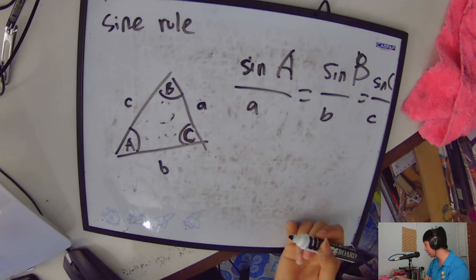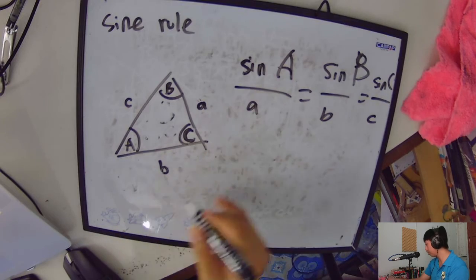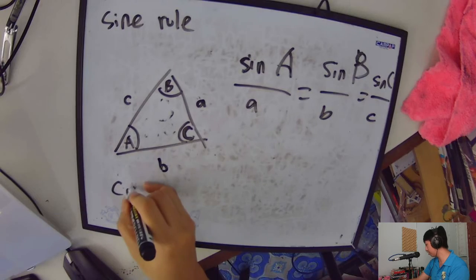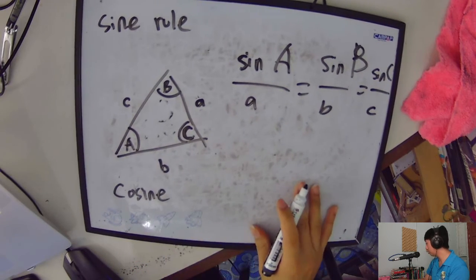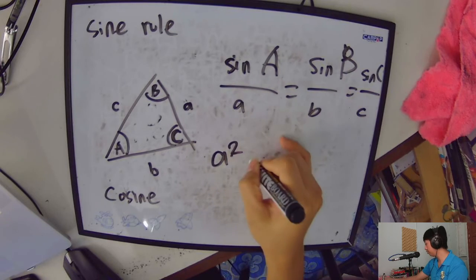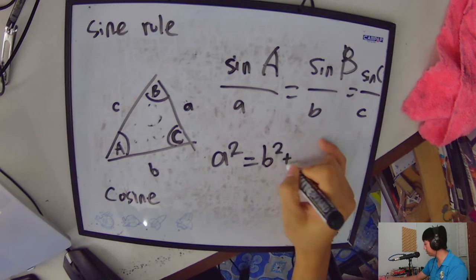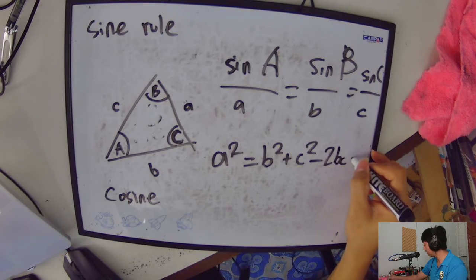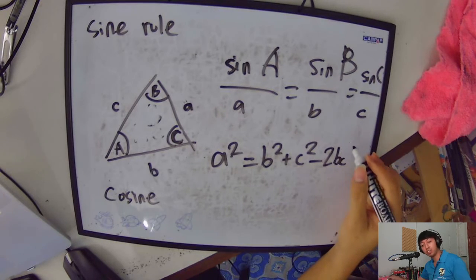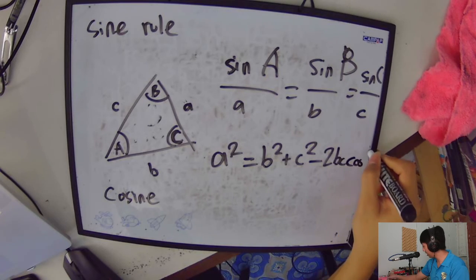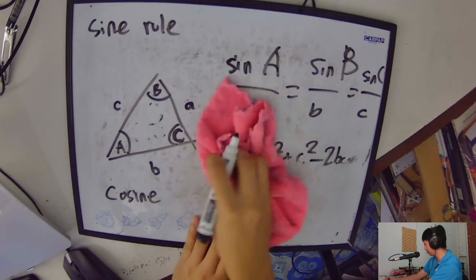Now the other option is to use the cosine rule. If we use the same triangle, the cosine rule that we normally use in physics is a squared equals b squared plus c squared minus 2bc, cos A. Let me write that again to make it neater.